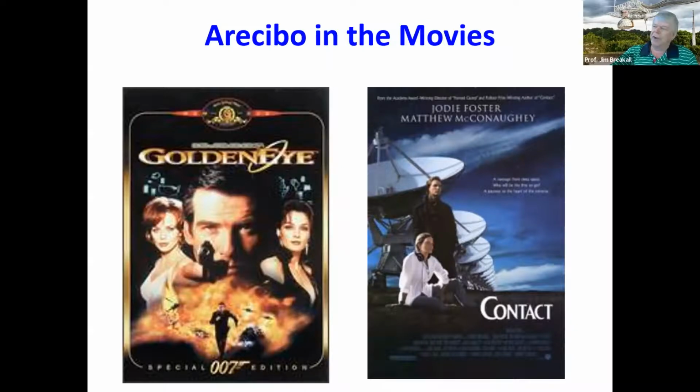Carl Sagan was a very, very famous astronomer from Cornell University. And he was a very, very good speaker to the public about astronomy and science and the universe. And this movie, Contact, was from a book that he wrote.